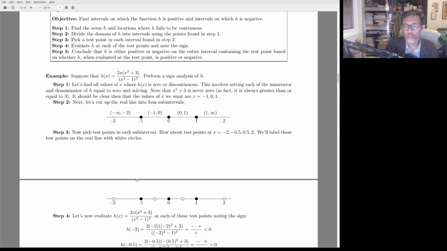So I picked test points in each subinterval. You see, the basic idea, just if you're interested in why this all works, is that the only possible places where f could change sign are at these 3 black points. I'm not guaranteeing that it does change sign. These are the only places where it could. And the reason is because h here is a continuous function.